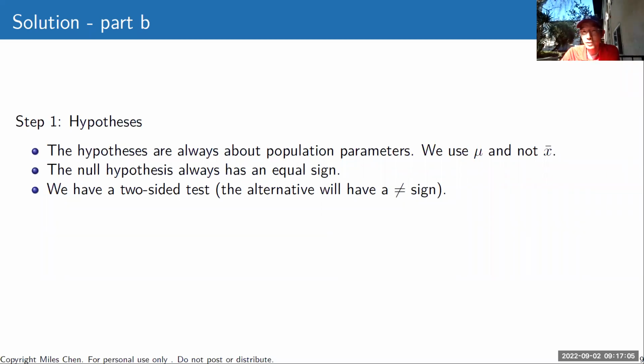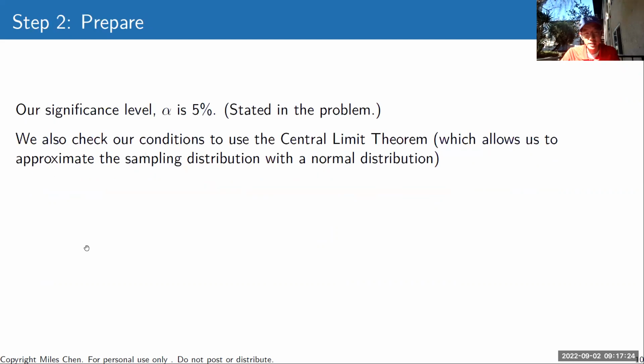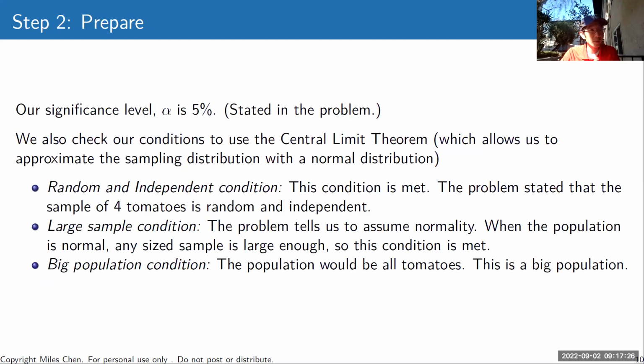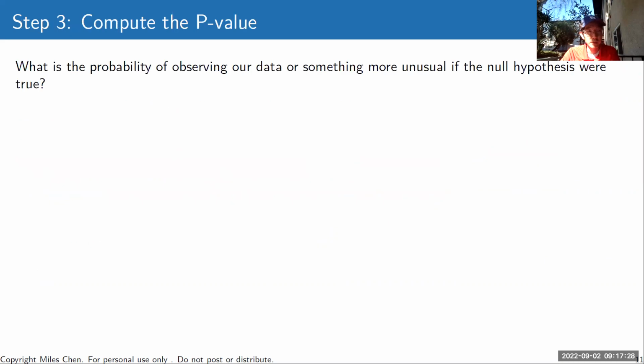When I say confidence intervals and hypothesis tests will give the same result, it only applies when you're doing a two-sided hypothesis test. So I have mu equal to 5 versus mu not equal to 5. And we'll check all of this.